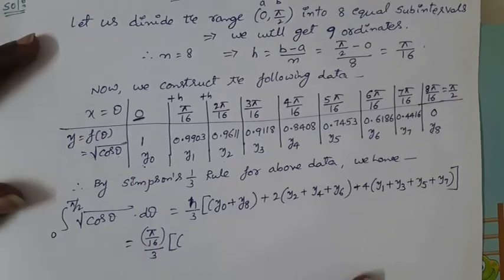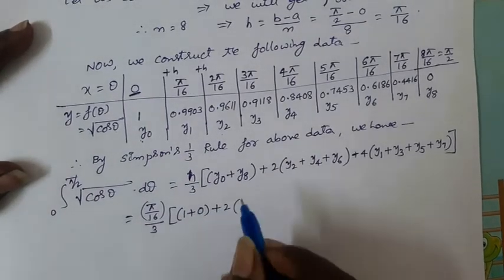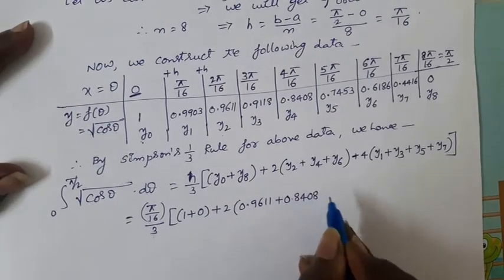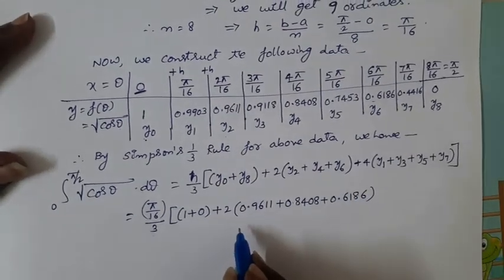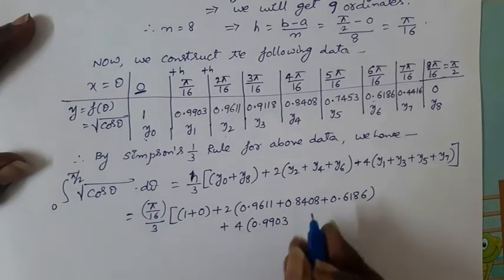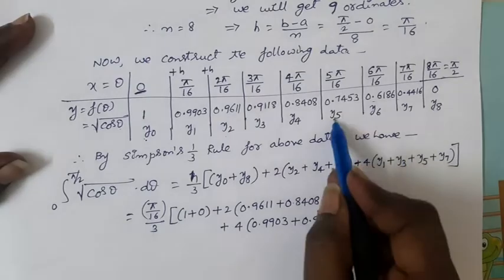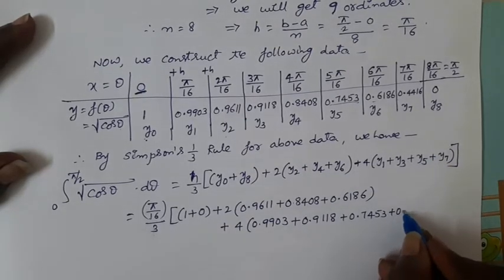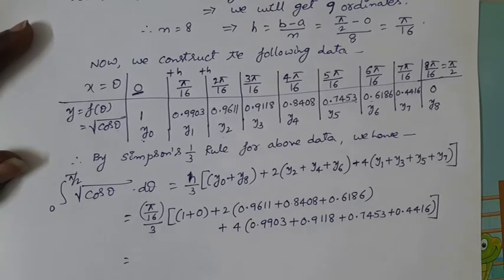Sum of first and last: 1 plus the last value 0, plus 2 times y2, 0.9611, plus y4, 0.8408, plus y6, 0.6186, plus 4 times y1, 0.9903, plus y3, 0.9118, plus y5, 0.7453, plus y7, 0.4416. Close the bracket.